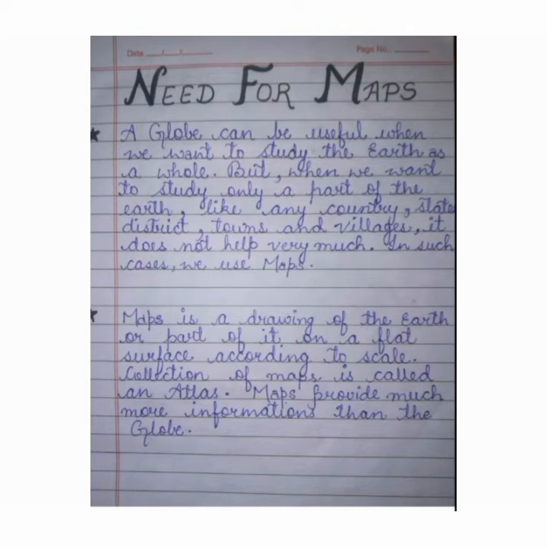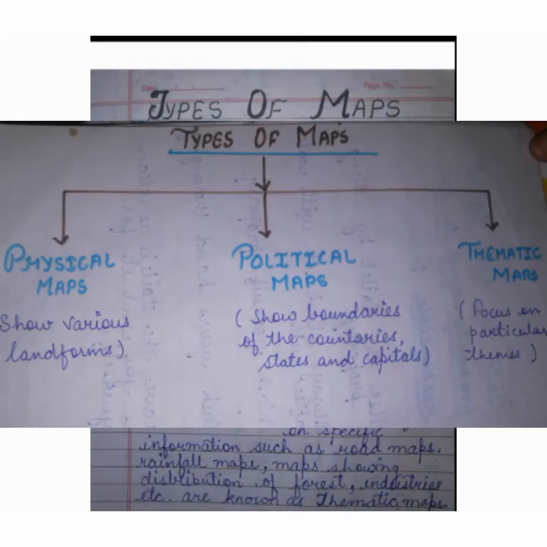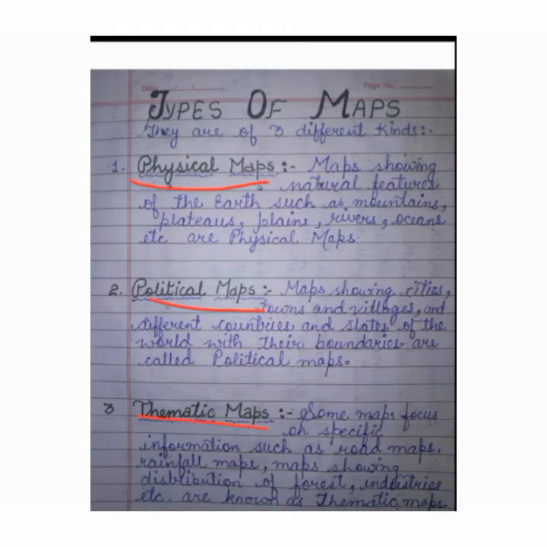Now starting with maps and their types, I can say maps can be of various types and one can select the specific type of map as per his or her need. The three broad categories in which I can divide mapping are physical map, political map and thematical map. Now what are physical maps or relief maps?